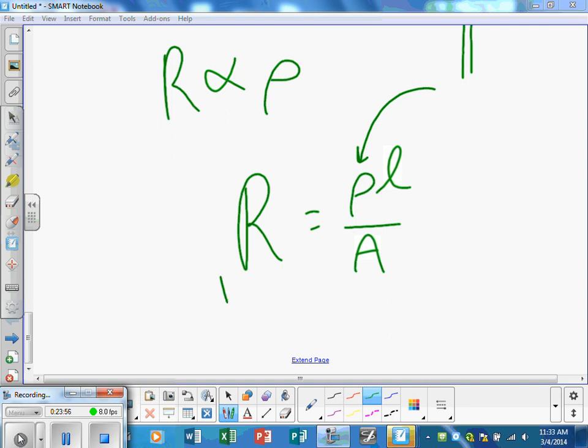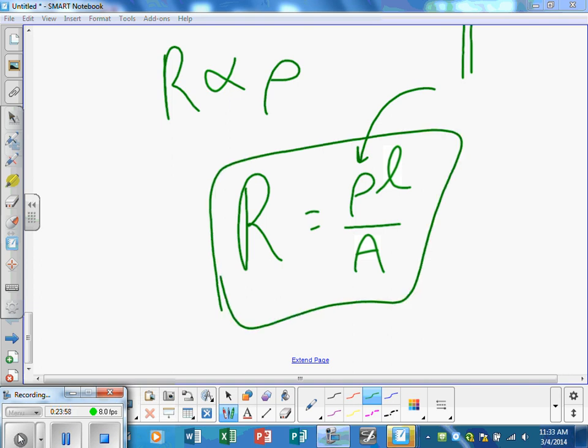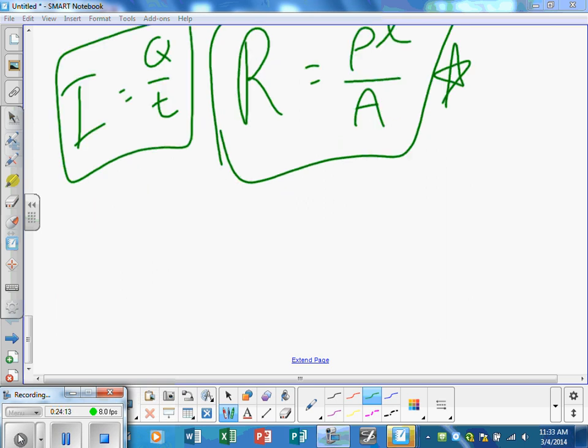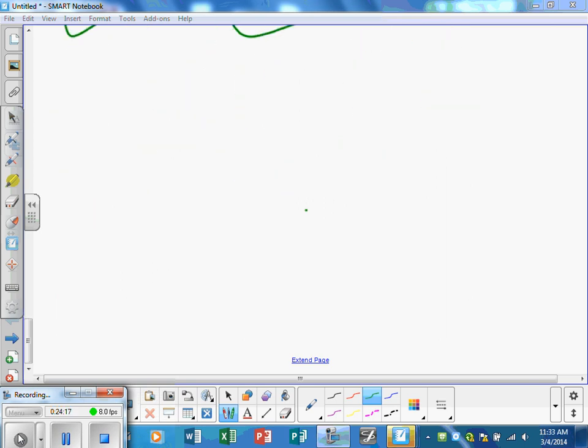So here's your first AP formula, or your second one. First one was current is charge per time. Second one is resistance of a wire is rho L over A. But with this talk here, we want to get back to the idea, because we talked about rho, and rho would be different metals.